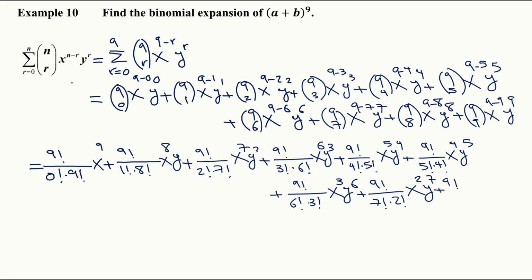plus 9 factorial over 8 factorial times 9 minus 8, which is 1 factorial, x to the 1, y to the 8, plus 9 factorial over 9 factorial times 0 factorial. x to the 0 is 1, we won't write it. y to the 9.